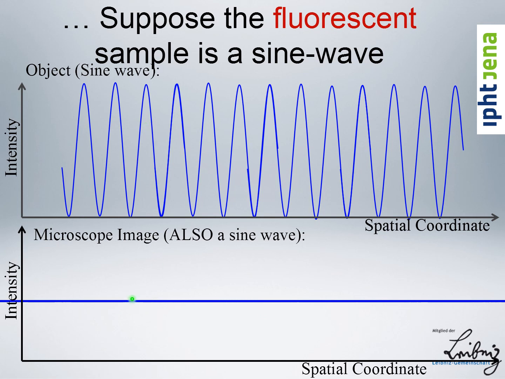The higher frequencies are dimmed down to zero, and that's a particular property of wave-like imaging systems, that there is such a fixed frequency limit where nothing is transferred. Why is there a constant? Because of course this is not a sine wave, it's an intensity pattern, so I had to always add a constant to it. It's a sine wave plus a constant, and therefore the constant always gets transferred perfectly. It remains there, and the sine wave is deleted completely.